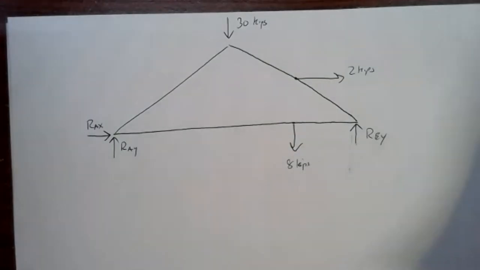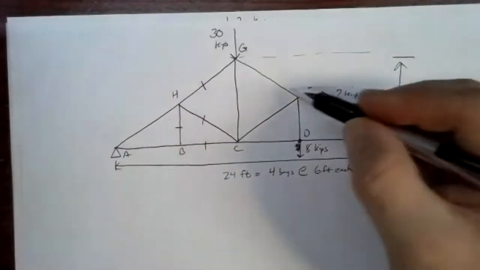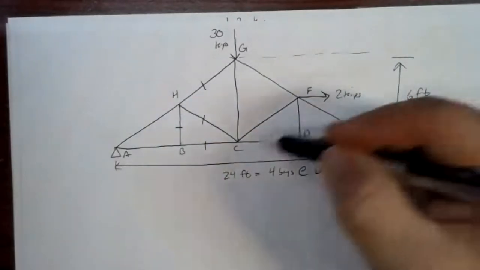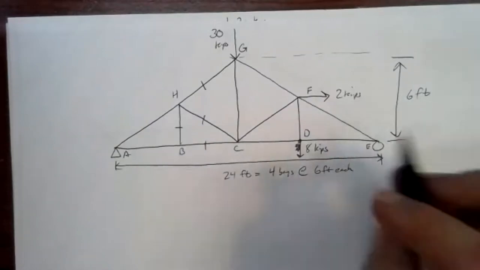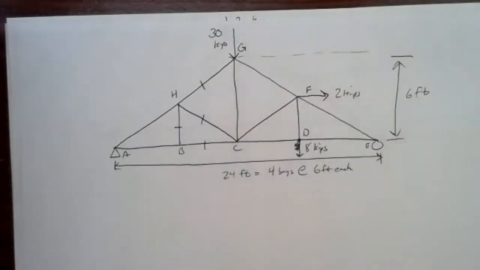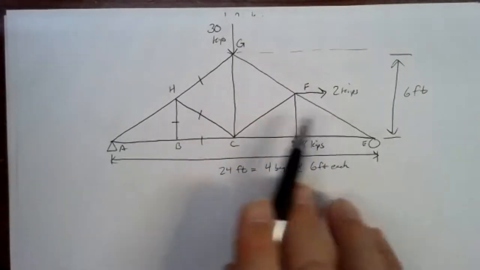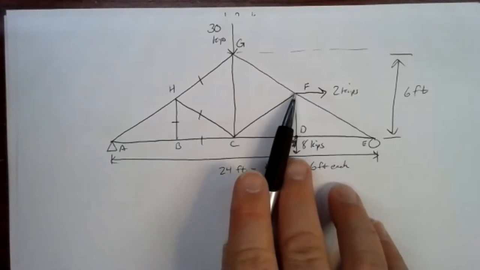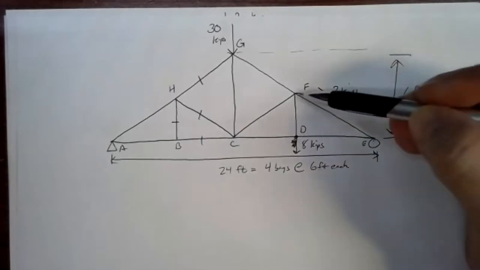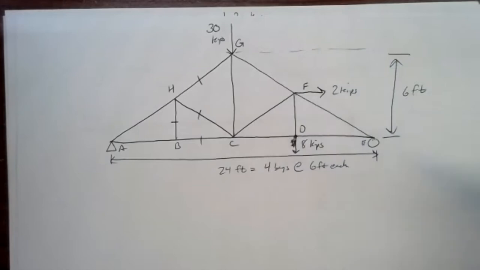Now we're going to need to know some distances here, and going back to the original drawing, this is a pretty typical roof truss, and I forget the exact name for it, but there's actually a bunch of different names for roof trusses, and all the different arrangements you can come up with. But this is at the midpoint, so if the thing's 6 feet tall, this side load here is halfway up. It's at 3 feet.